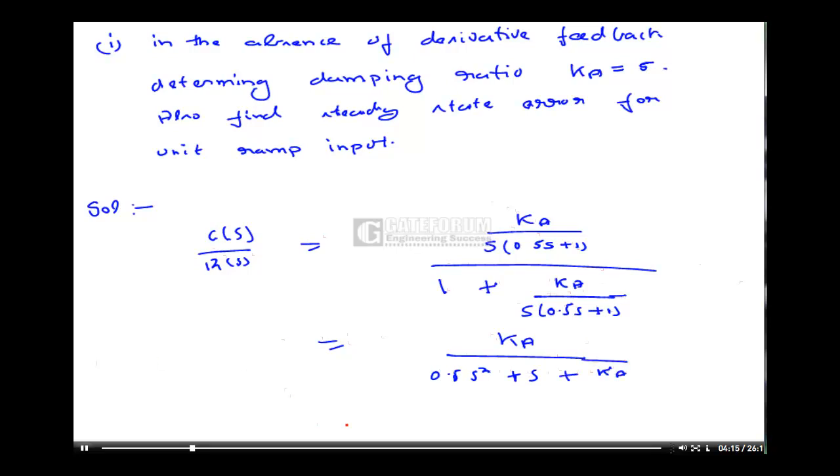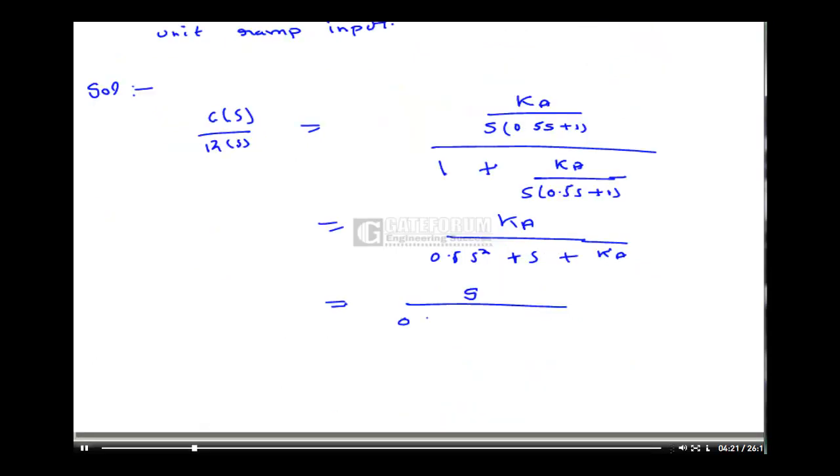Now Ka is already given, equal to 5. So I can substitute this: 5 upon 0.5 S square plus S plus 5. Okay.